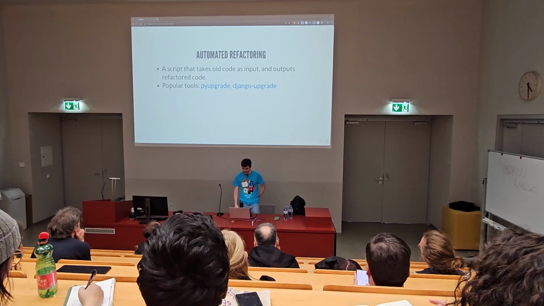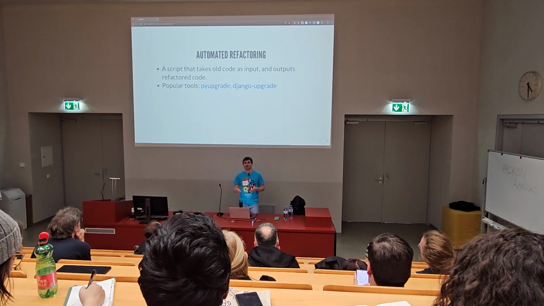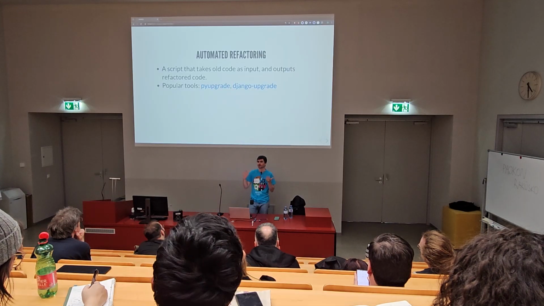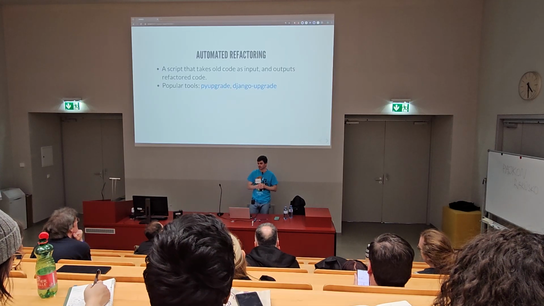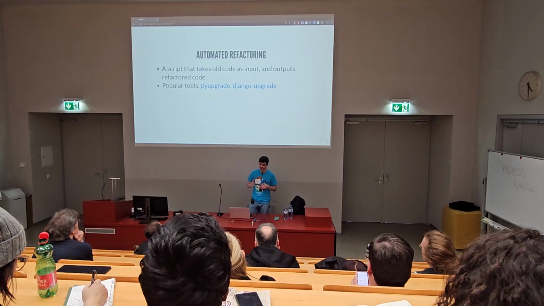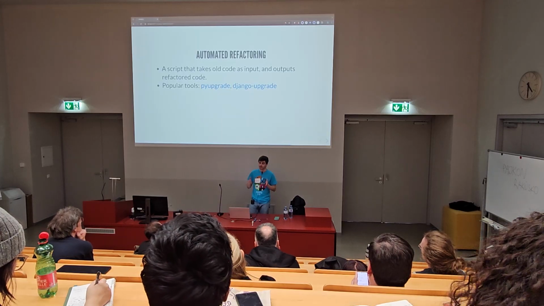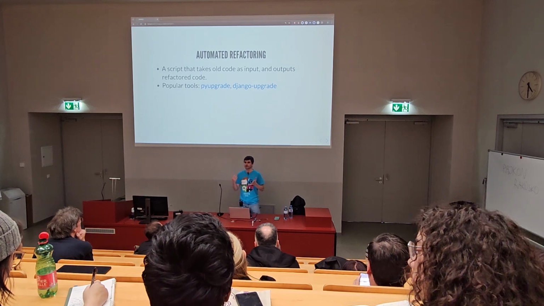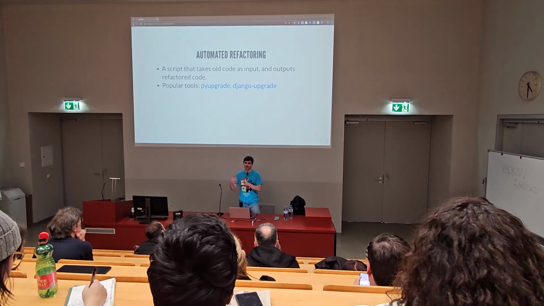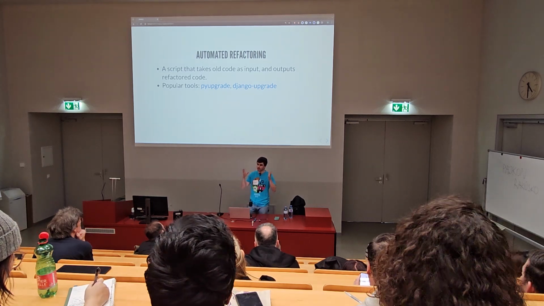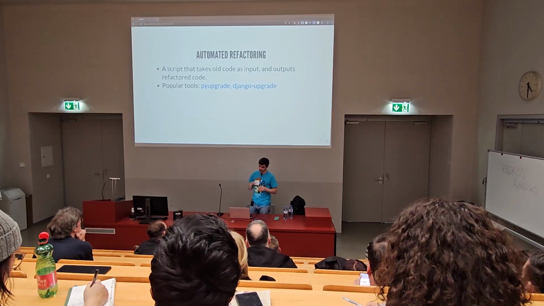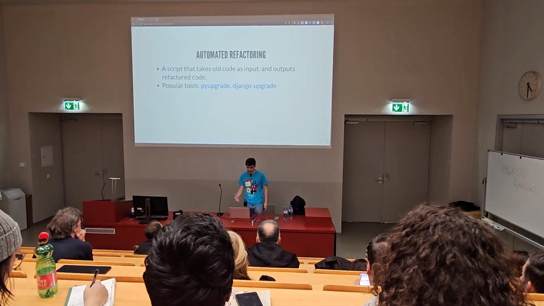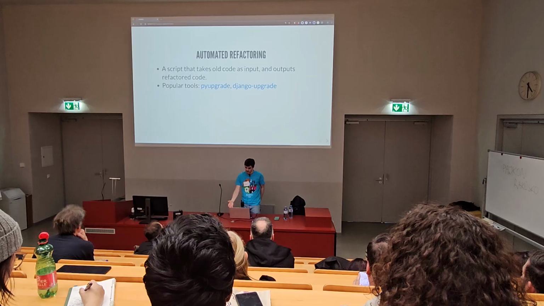They will run on your code and automatically change it, maybe in a pre-commit hook, to, for instance, upgrade your Django version. There are breaking changes in the Django API, and the Django Upgrade tool takes care of them, changing all the places you use the APIs and migrating you automatically. And they do that using the AST.